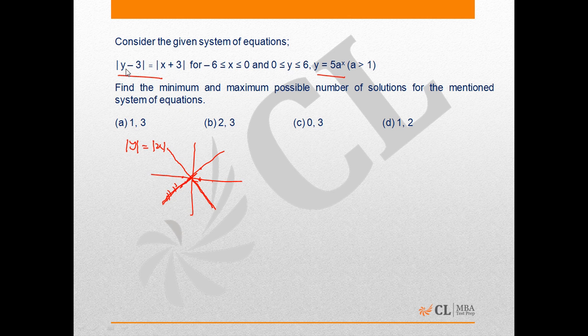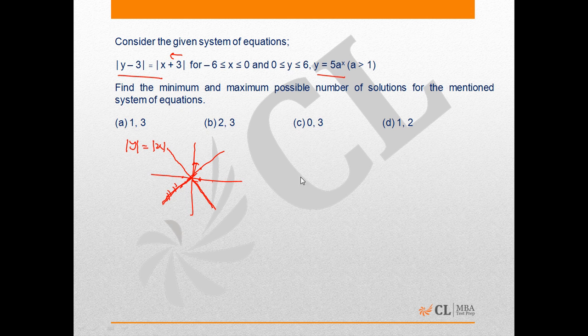Now here it is y minus 3. That means you have to shift this graph by 3 units upwards. If it is minus, that means upwards in y, right? So it will go like this upwards. And x plus 3 means you have to shift it to the left hand side.